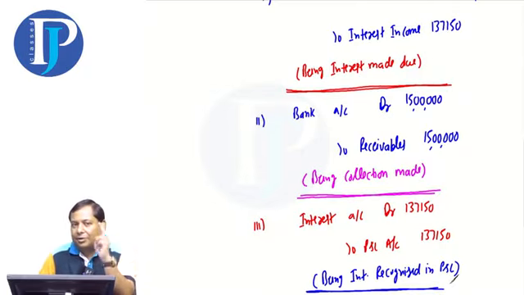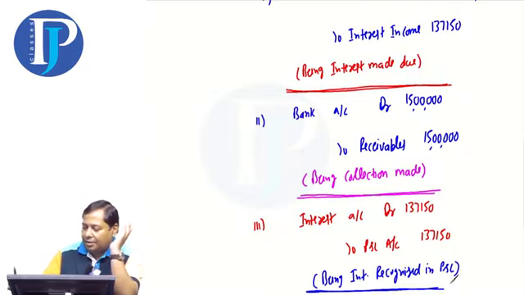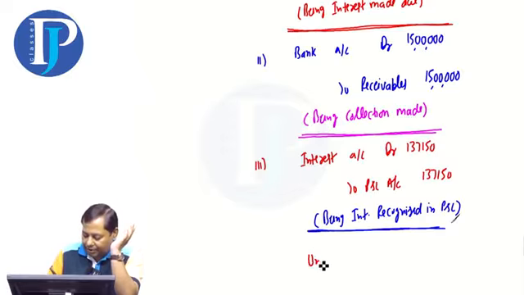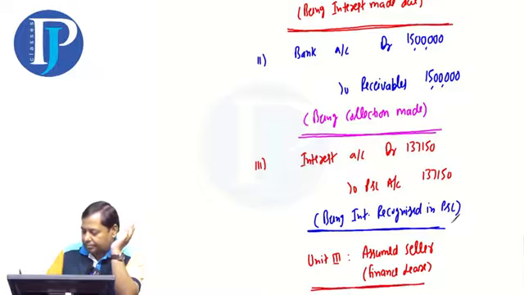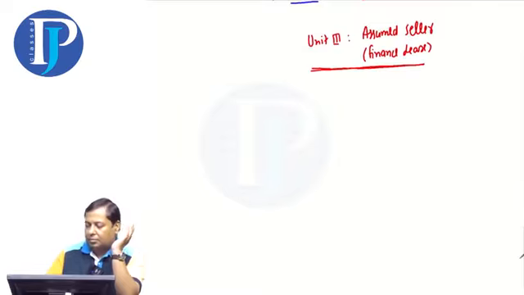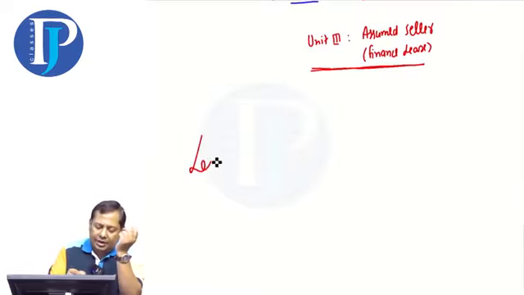Unit 1 is done. Unit 2 is done. Create another heading, unit number 3. And this unit has the assumed seller. In case of finance lease, do you know about the entry passed by the lessee?